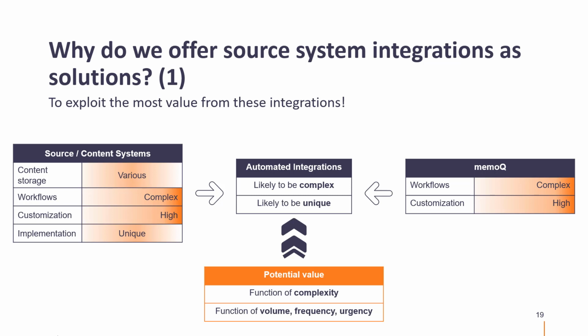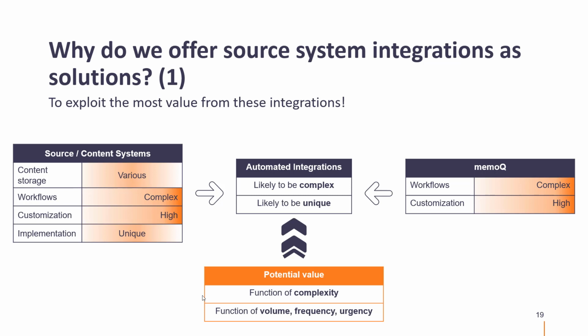Another attribute that also comes into play is what volume of translation are you going to move over this integration, how frequently you do it, how urgent it is to provide a translation for this content.